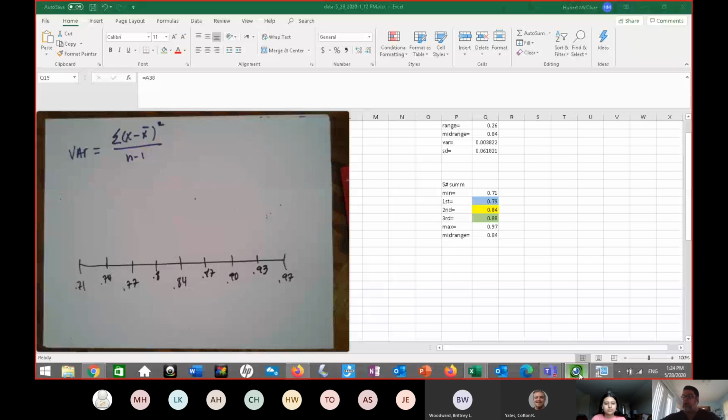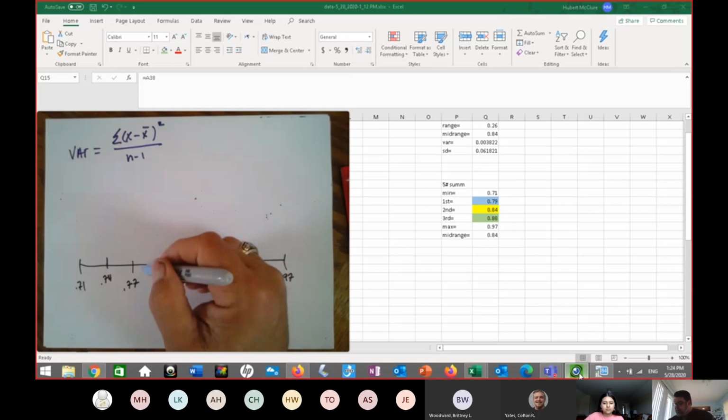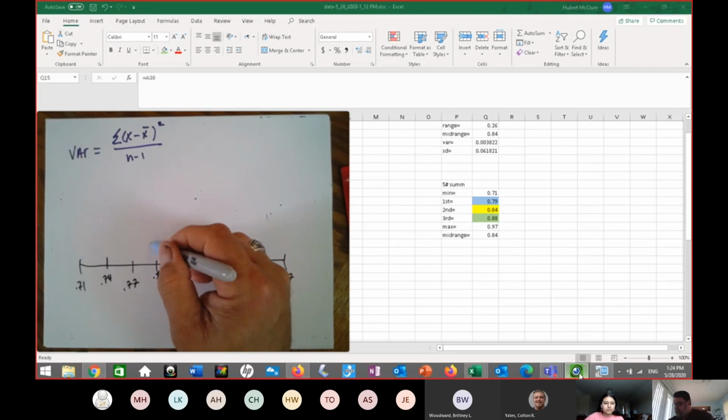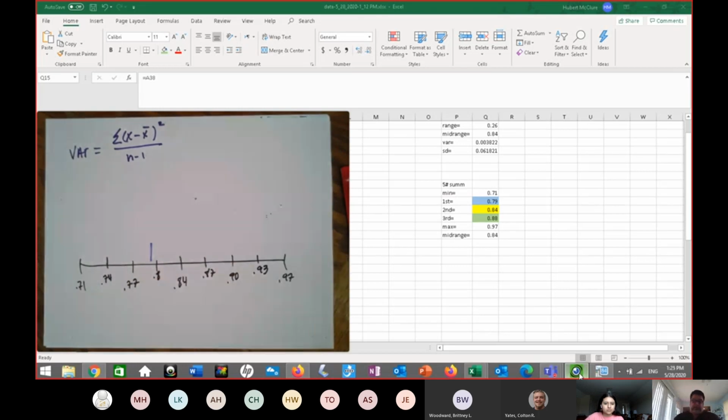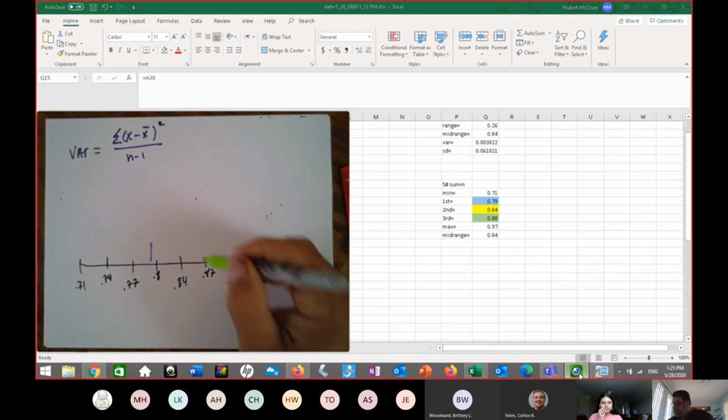Okay, take my blue marker and put 0.79. 0.79 is right in here. Take my green marker, verde, and that's 0.88.